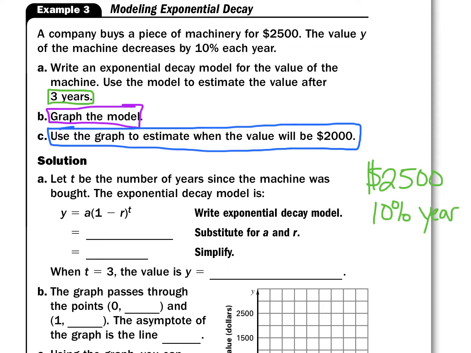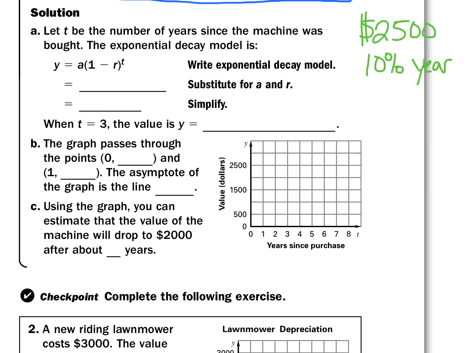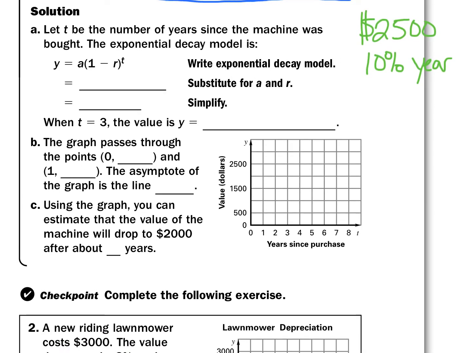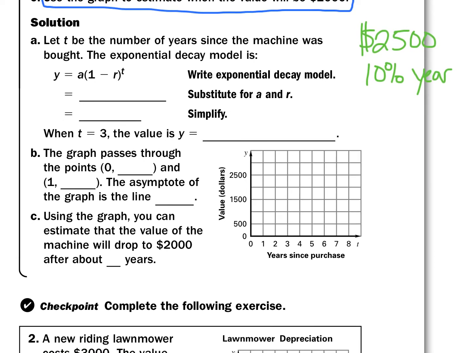The model for depreciation is similar to the model for compound interest, except instead of adding the interest rate to 1, we're subtracting the rate from 1, in this case the depreciation rate.